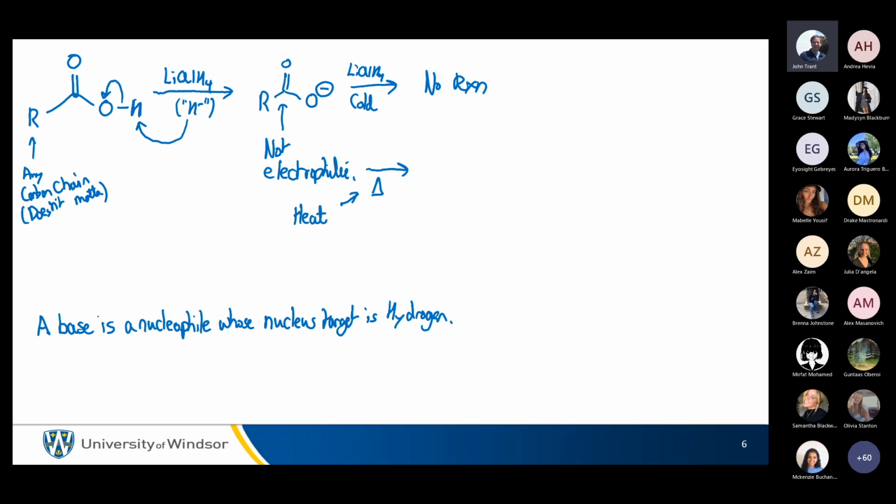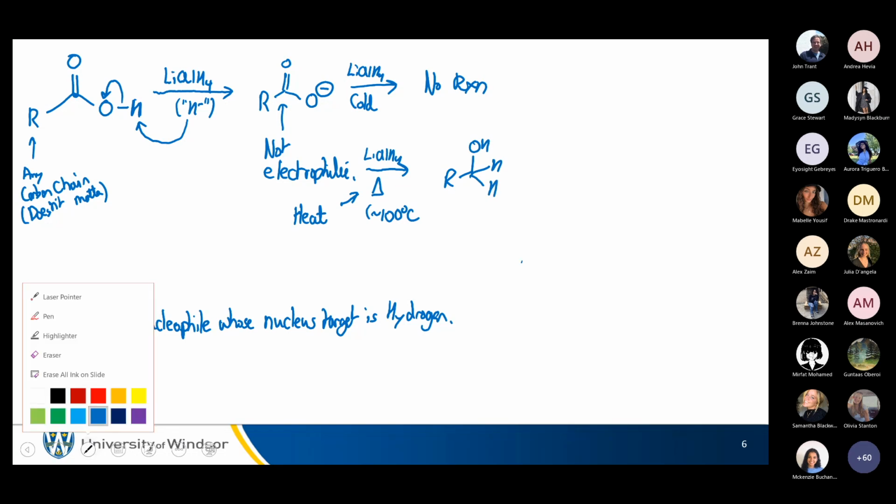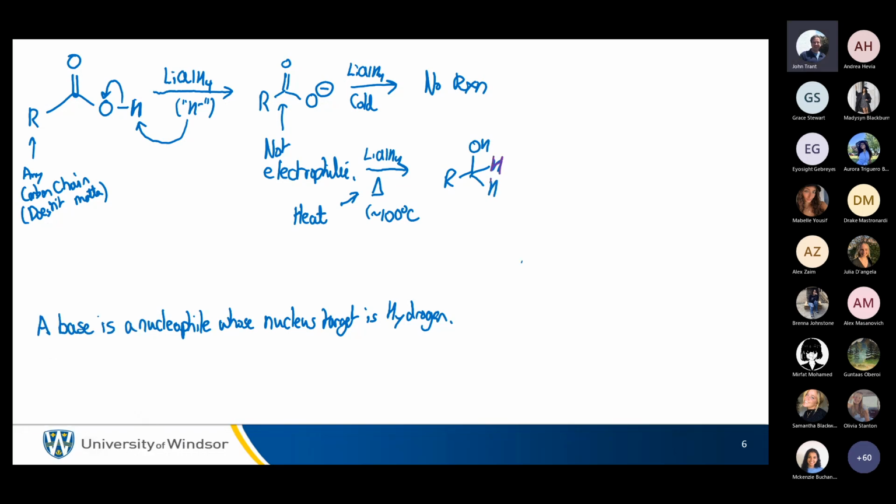Triangle means heat, normally to about 100 degrees. This will do the reduction.